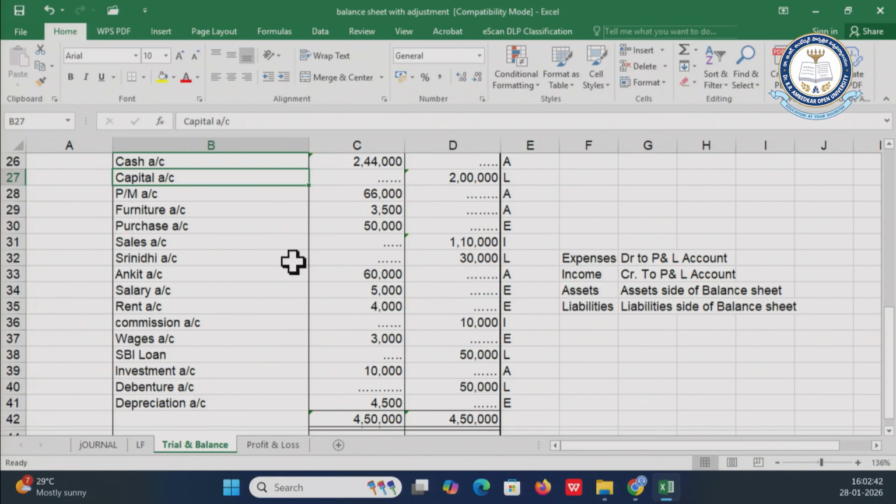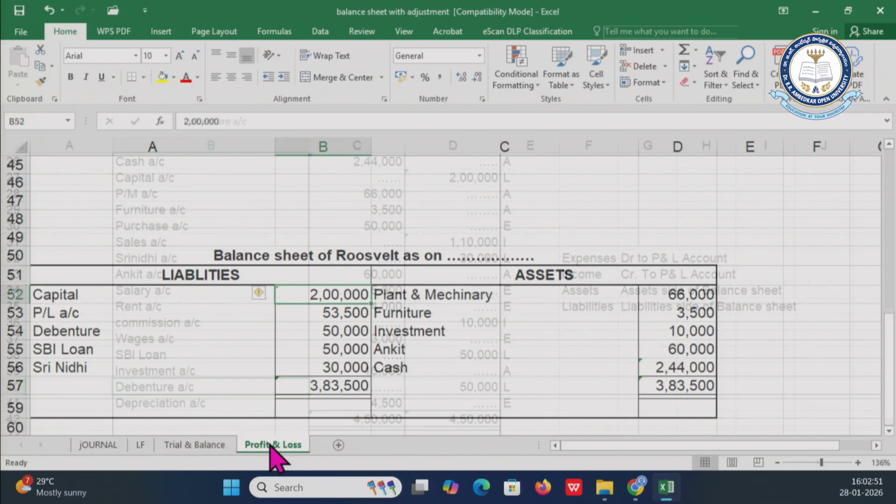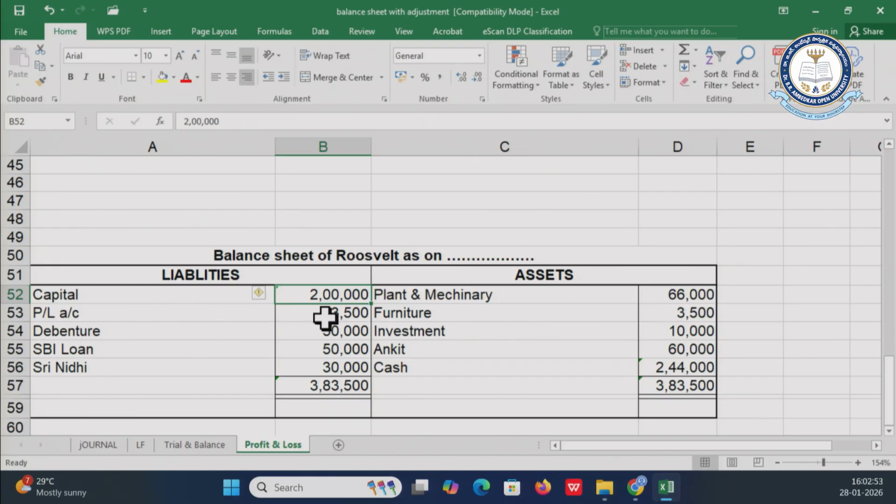Capital, then Srinidhi, then SBI loan, and lastly debentures. All these we brought and dropped here. All 4 items we dropped here, and we also have added 53,500. There are 4 items here, and with the net profit which we brought from the profit and loss account, we are adding it here. Therefore, it became 5 items.